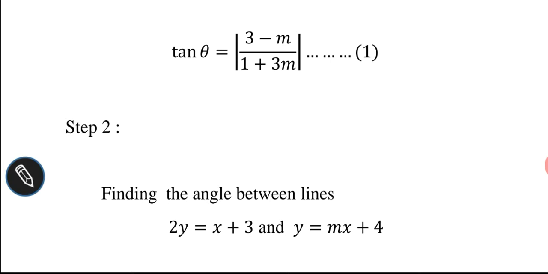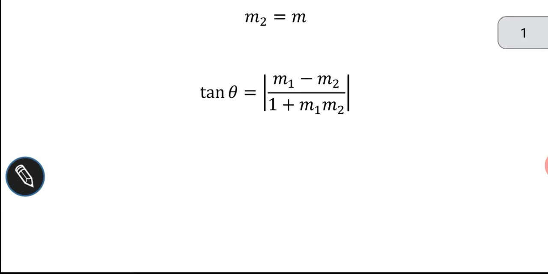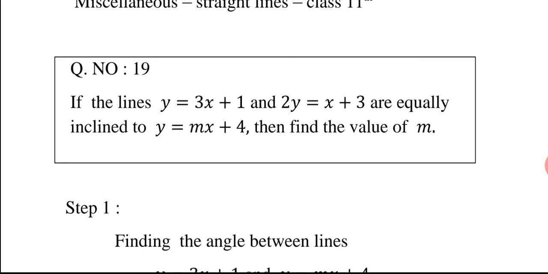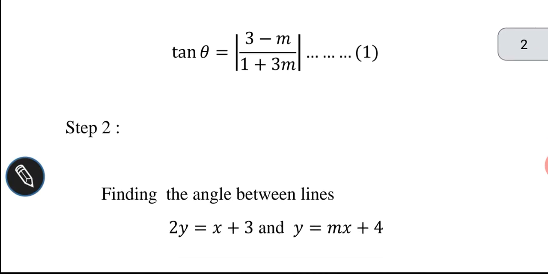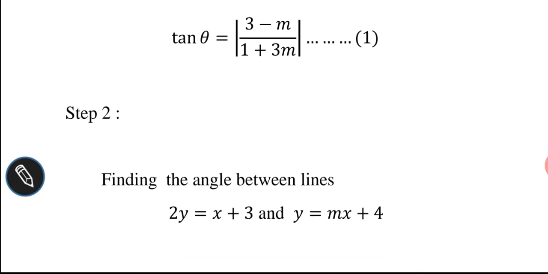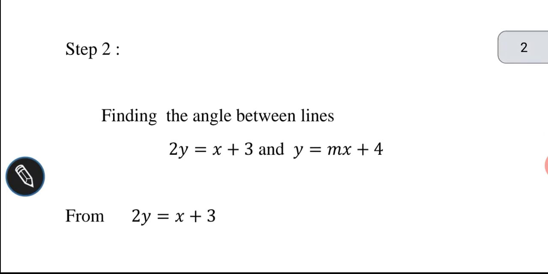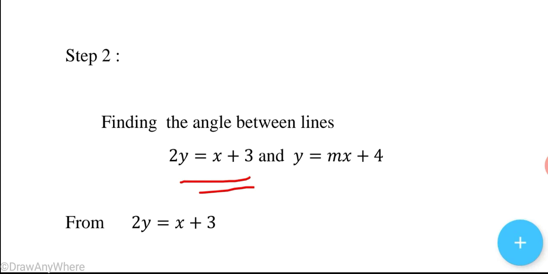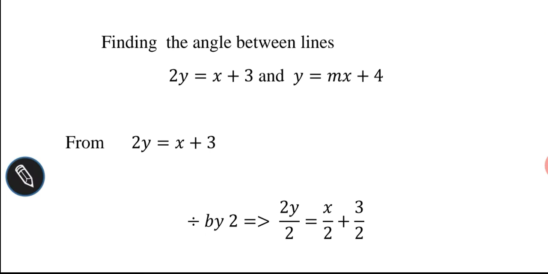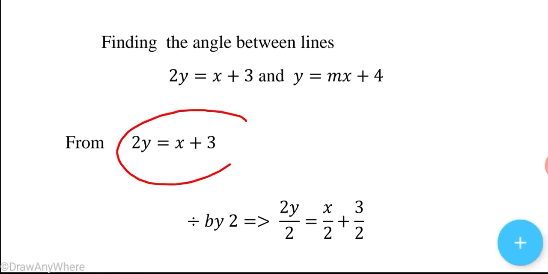Step 2 is finding the angle between the lines. Then we have to find the angle between this line and this line, that is, between 2y equal to x plus 3 and y equal to mx plus 4. From the line 2y equal to x plus 3, we can write, by dividing this equation by 2, to make the equation as y equal to mx plus c.